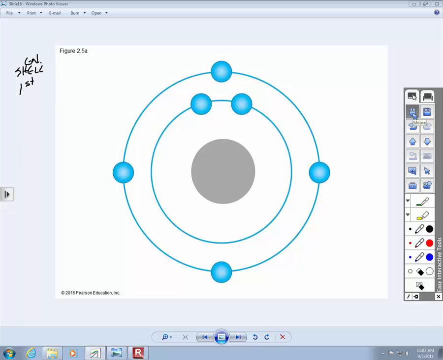We cannot hold more than that. So 2 would be maximum. So we'll put number of electrons. Okay, it can hold 1, or it can hold 2. 2 would be maximum, which you can see in this particular diagram.